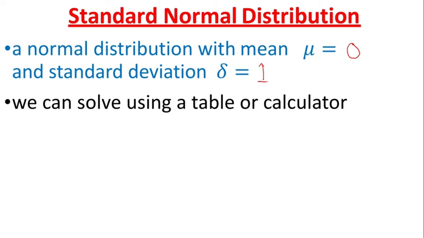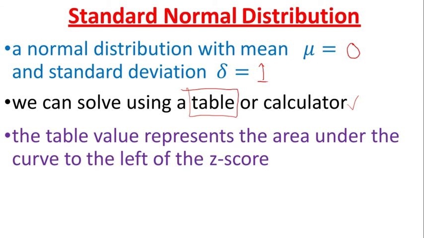Now we can solve this using a table or a calculator. We've already done this. We'll probably look at that again. Today we're going to be focusing on this table method here. The table value that we're going to look at represents the area under the curve to the left of the z-score. And we'll be using this a lot and I'll illustrate.